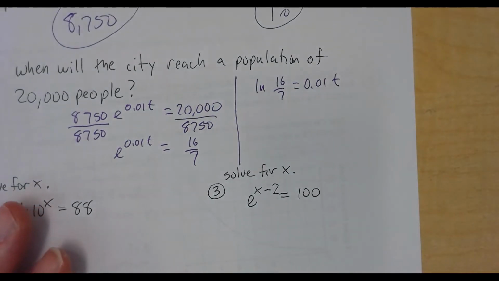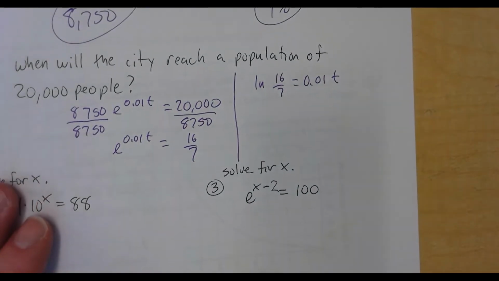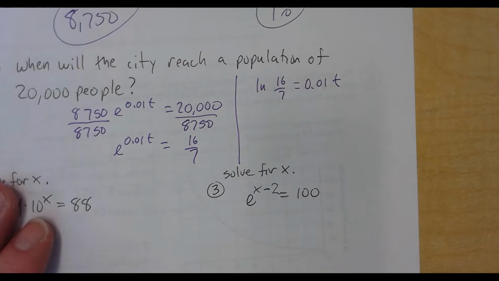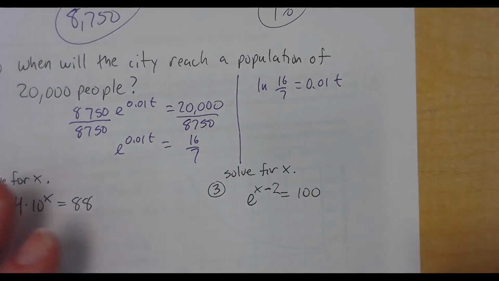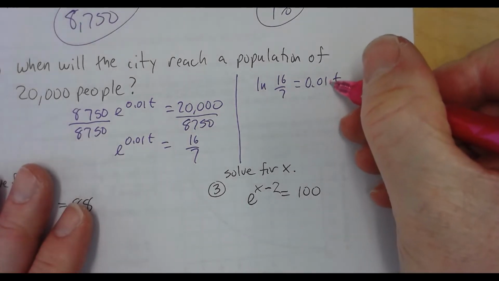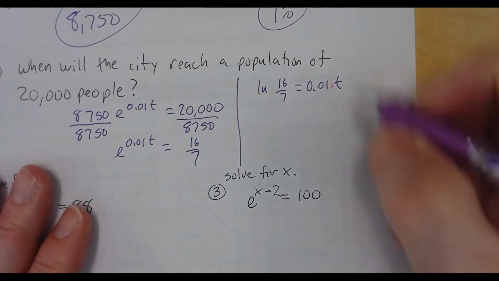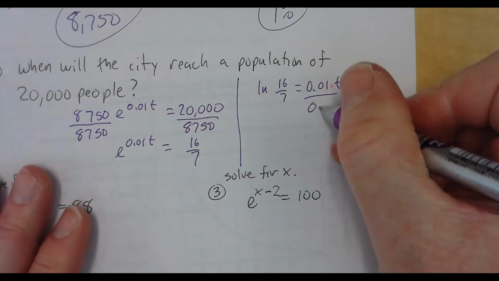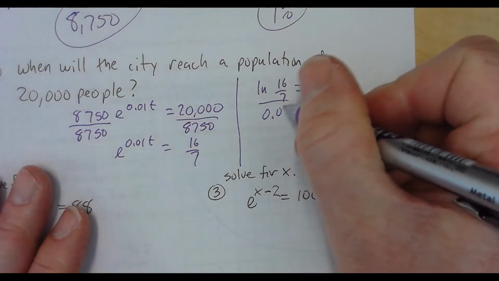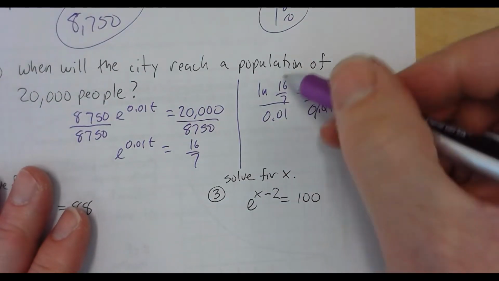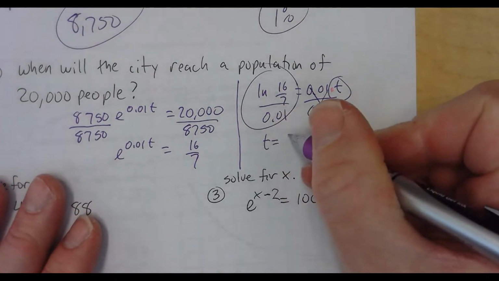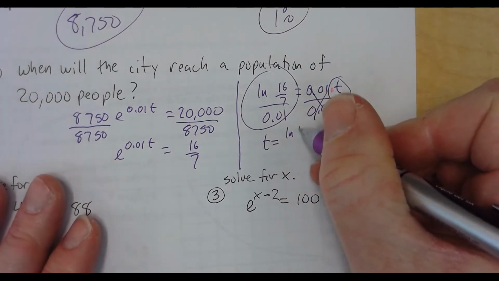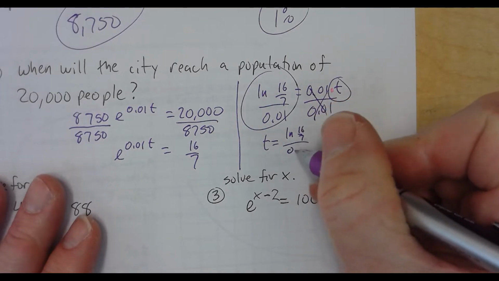And like I like to say, there's multiplication in them thar hills, so I'm going to divide over that decimal. So that cancels out. t is by itself, and that is the exact answer. So t is exactly equal to the natural log of 16/7 over 0.01.